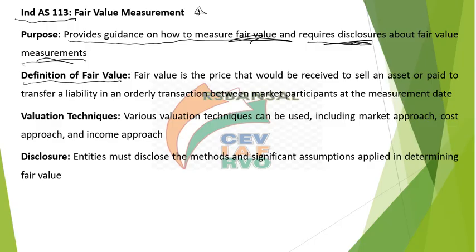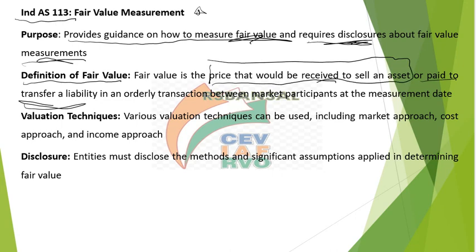You already know. Fair value is the price that would be received to sell an asset or paid to transfer a liability. So when you are determining the fair market value of an asset, it means the price that would be received to sell an asset.